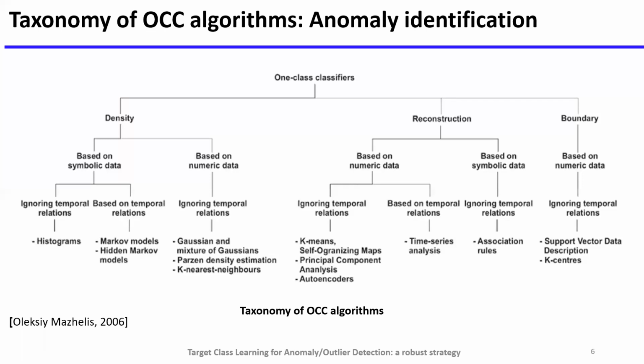But most importantly, if you look at the literature, we find that the one class support vector classifiers, especially SVDD and one class support vector machine, are the most promising one class classification approaches. So in this tutorial, we are focusing on the boundary-based one class classifiers, specifically one class support vector classifiers.